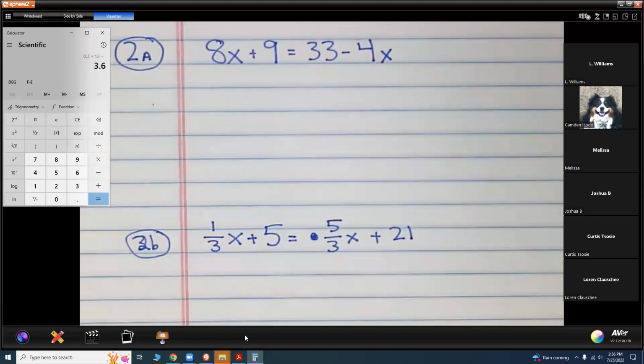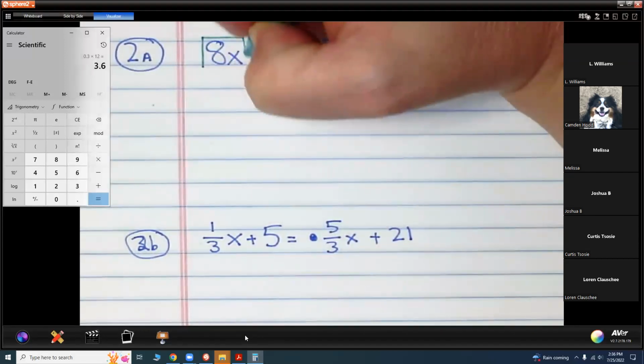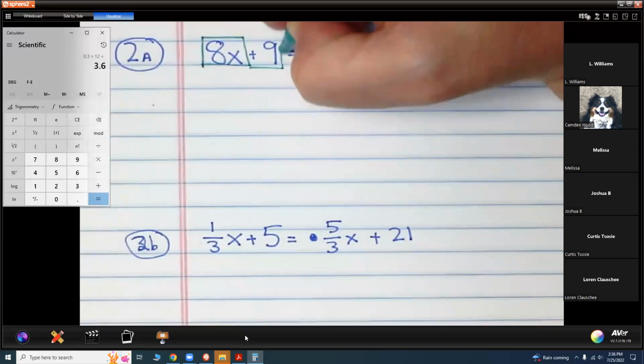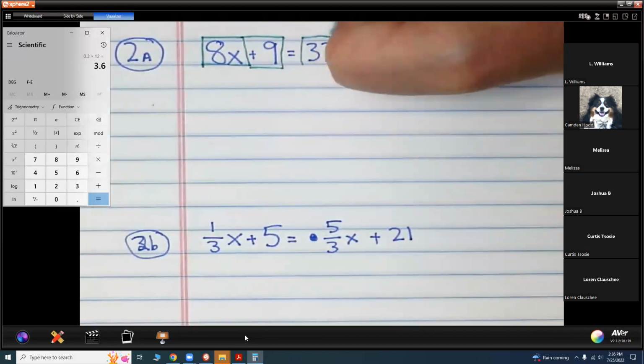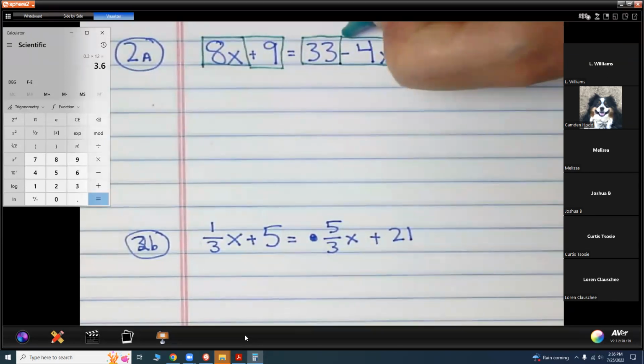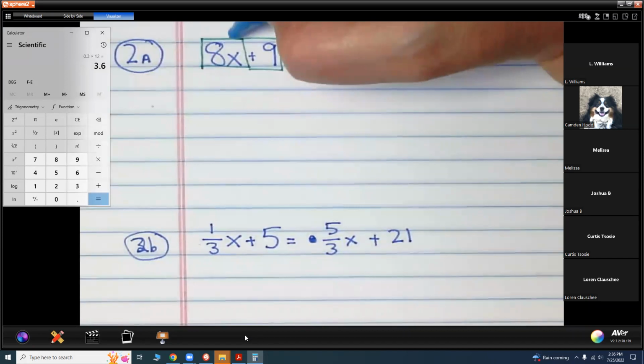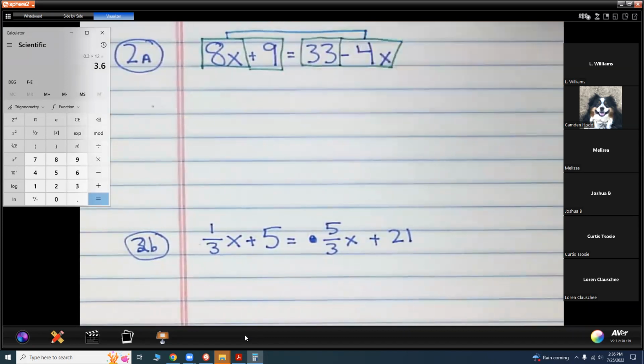All right, so once again, hopefully everyone's feeling good about your terms, right? We have an 8x, 9, a 33, and a negative 4x. My first step is, once I've seen my terms, I see that I have like terms on either side of my equal sign, so I need to combine them.